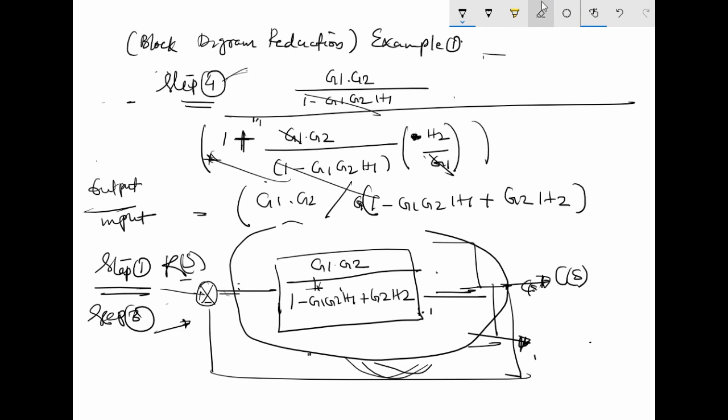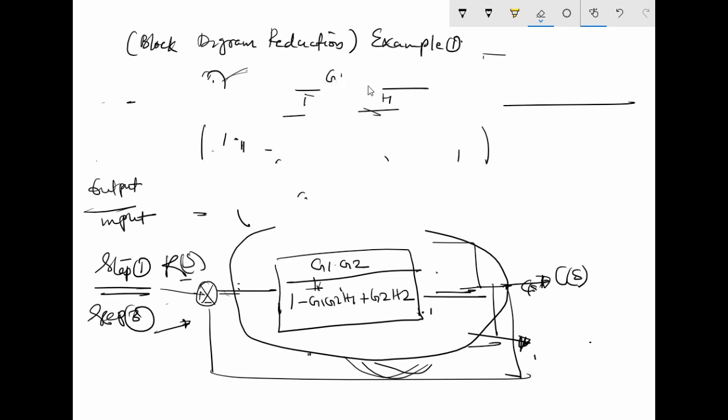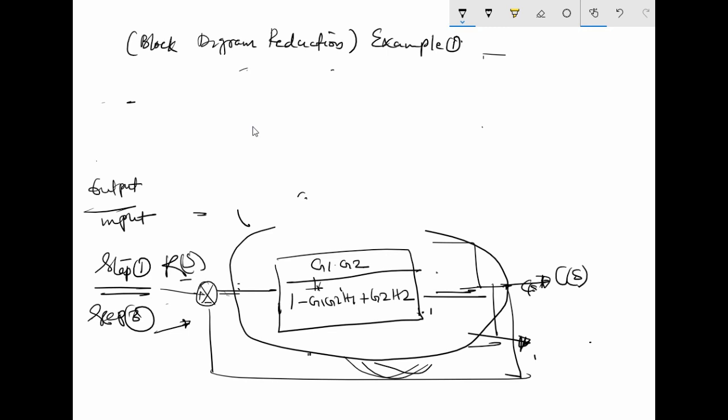Now there is a step 5 to produce a final result. Now the step 5 is, if you consider that this whole thing is simply equal to my G, then it becomes simple to calculate.